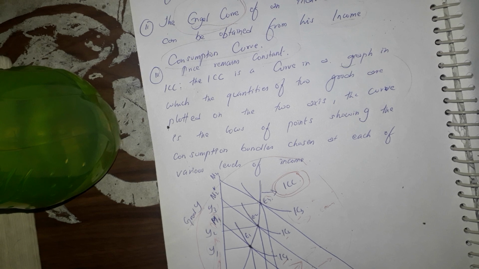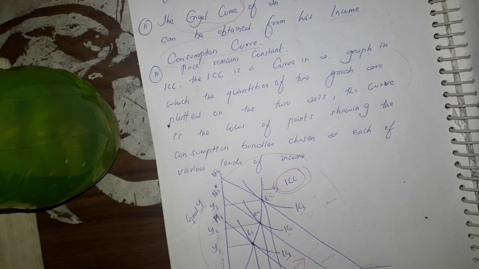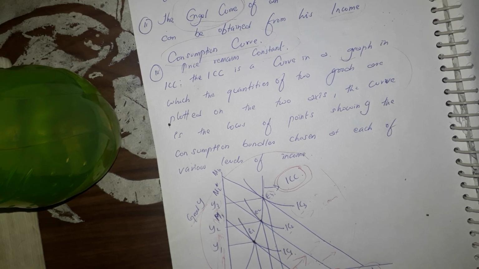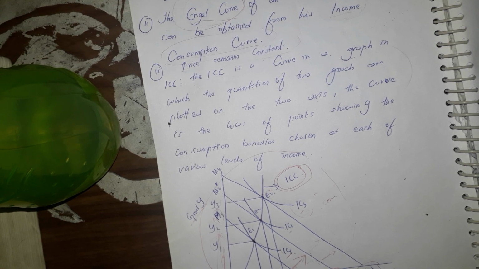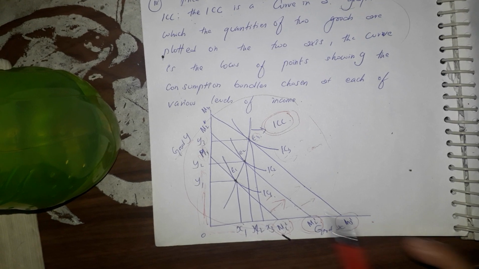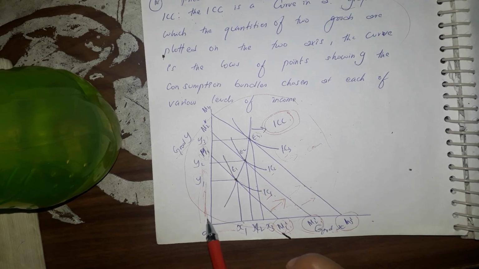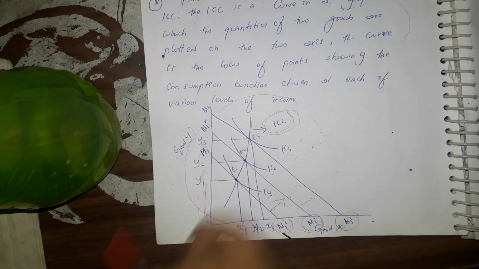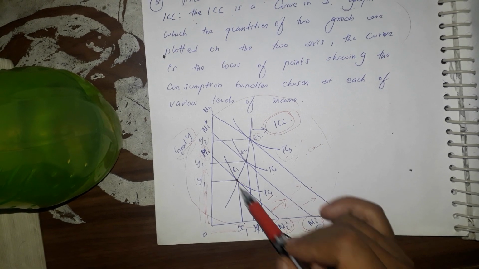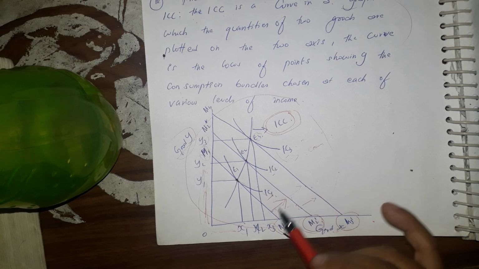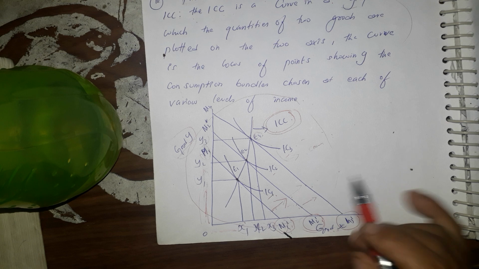So basically, ICC shows the different combinations of goods that a consumer buys at different levels of income. Let us explain it using the following diagram. On our y-axis we are measuring good Y, and on our x-axis we are measuring good X. These are our budget lines, three different budget lines which show the different levels of income of a consumer.